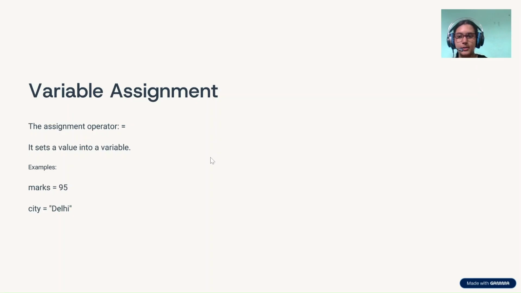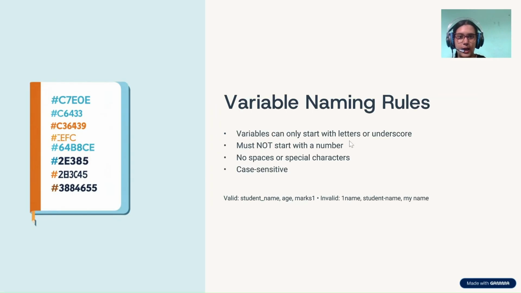It's very interesting. And then we have the rules for naming variables, of course. Variables can only start with letters or underscore. We cannot start a variable with a number. We just can't. I'll prove these rules to you. And then we can't start them with spaces or special characters.